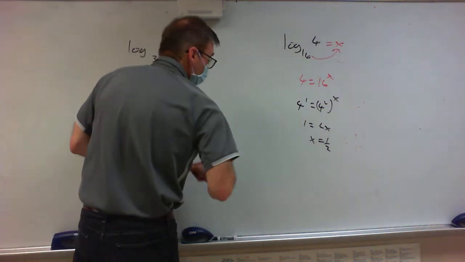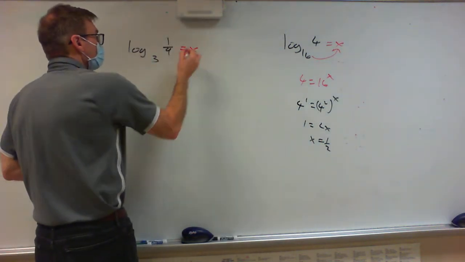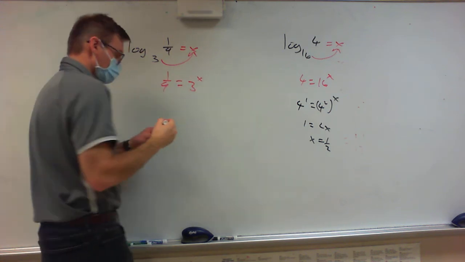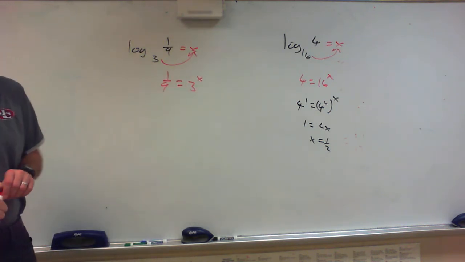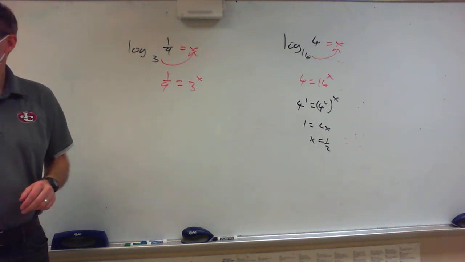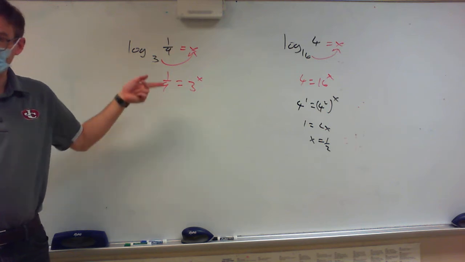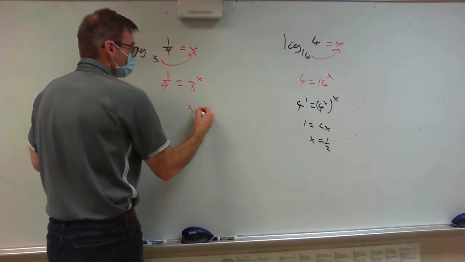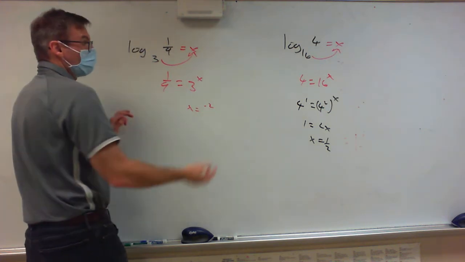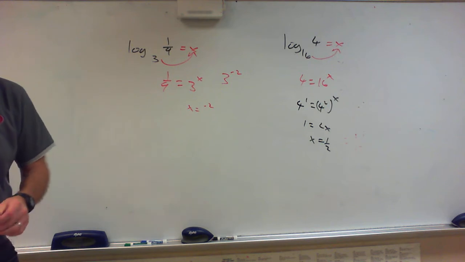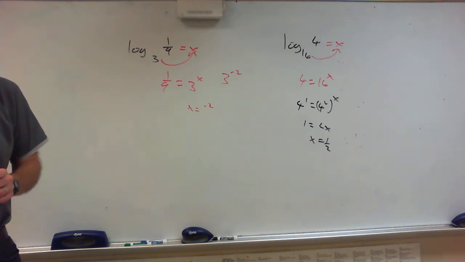Okay, so I'm going to set this equal to x. Do the swoop principle, so I get 1 over 9 is equal to 3 to the x. Right? What's x have to be? Is everybody okay with negative 2? Do you see why I have to have a negative to get the fraction and the square? And so we end up with x equals negative 2. If you don't believe that, you can say, well, what's 3 to the negative 2? That gives me 1 over 3 squared, which is 1/9. Are we okay with these computations?